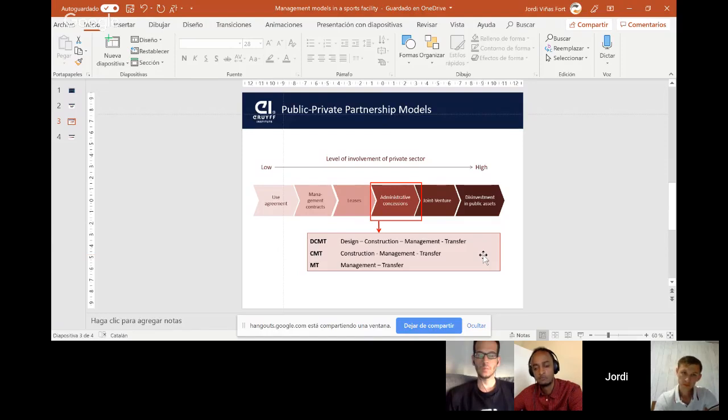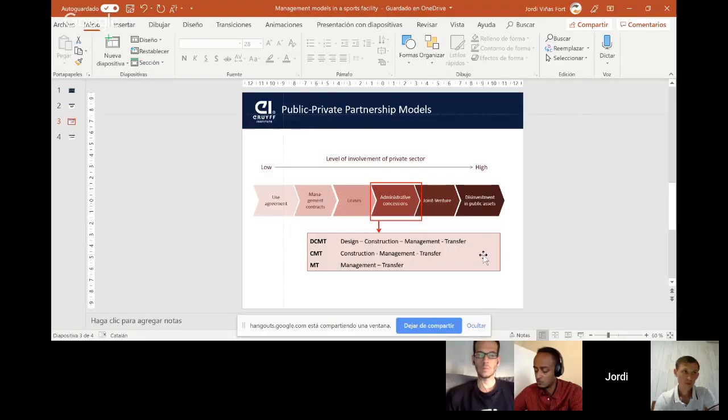Probably in Canada, most of the time it's going to go onto the private company. So let's say there's a contract between the private company and the public administration, the local authority. If this facility generates some profitability, this profitability is on the company. But on the other hand, if this management generates losses, the private company will have to support these losses.